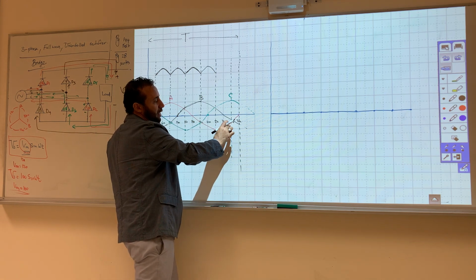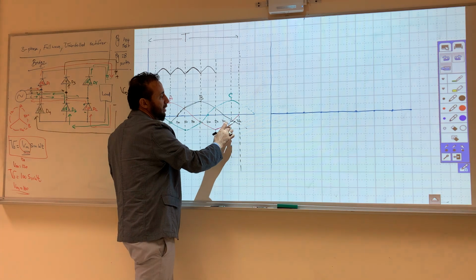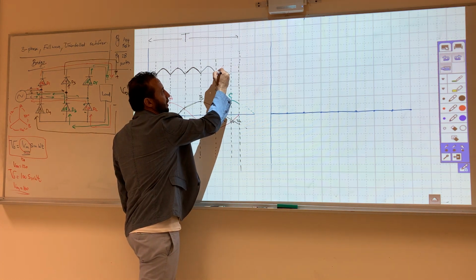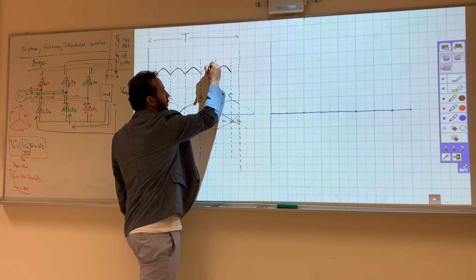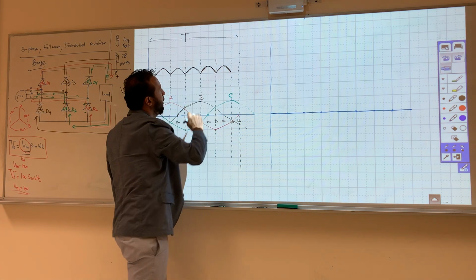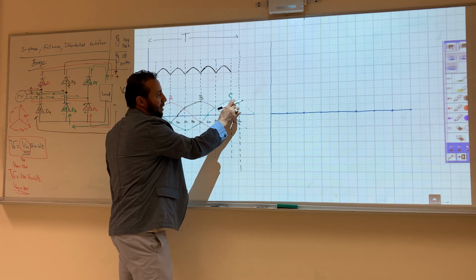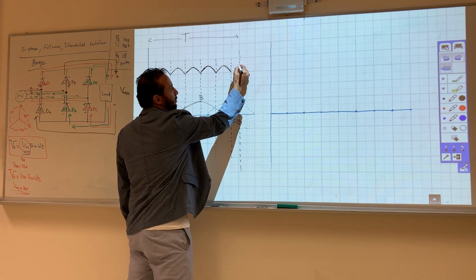This part of negative phase A and this part of C, positive, will make this pulse. And this part will make part of the pulse, which is half.